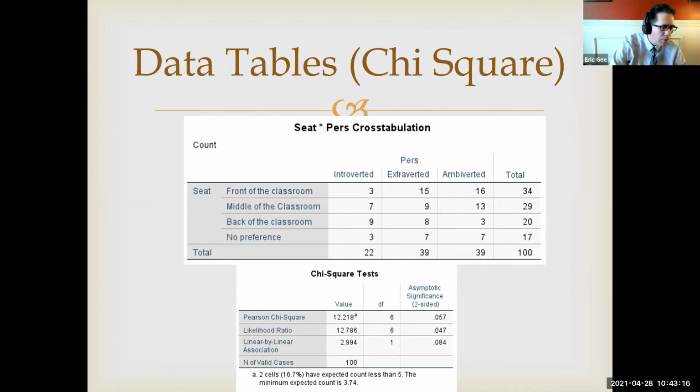And the data goes in the right direction. We go from 3, 7, 9, and here we go, 15 down to 8. And then the ambiverts seem to go down as well. So there's probably some differences between these two groups and the introverted group.